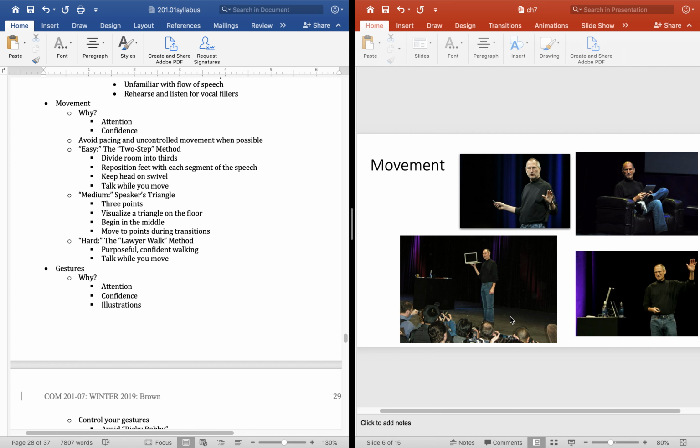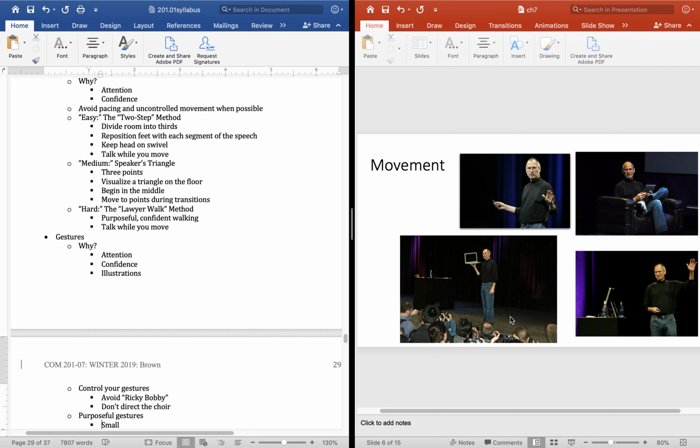He was a technology guy who made some of the great products we use today, but he also was a very good presenter, and he would show off his ability to interact with the audience, but he did that mainly through moving around the stage. You can see that he stands, he sits, he goes over to a table or cabinet there and interacts with that. He uses a prop. So movement is important.